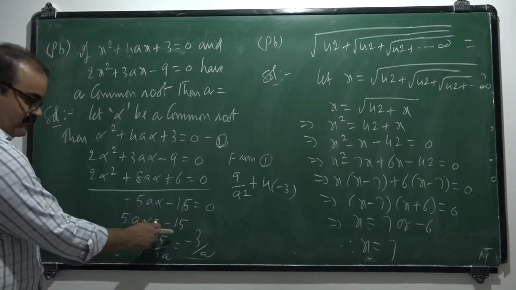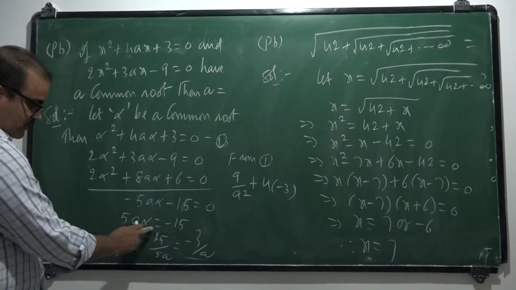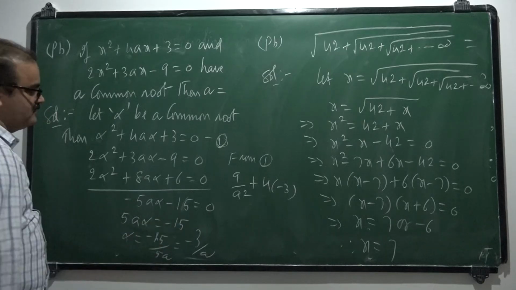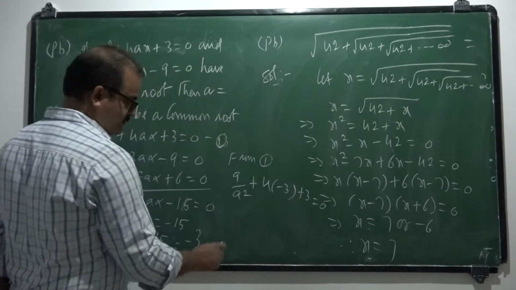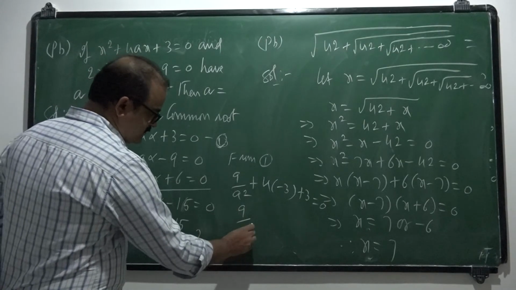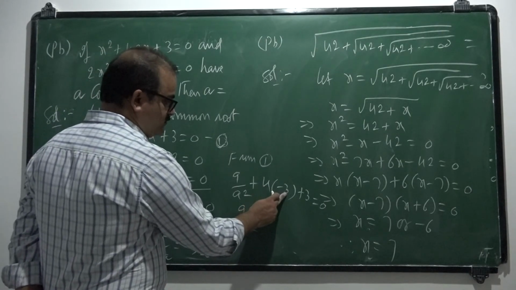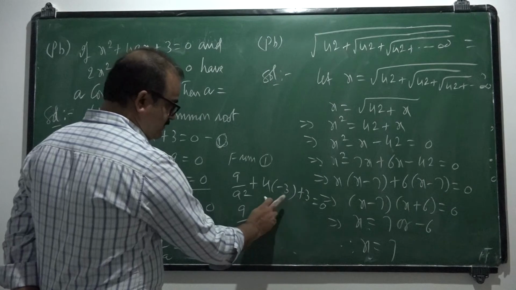Here 5a alpha is minus 15. So a into alpha is minus 3, plus 3 is equal to 0. 9 by a square minus 12 plus 3.